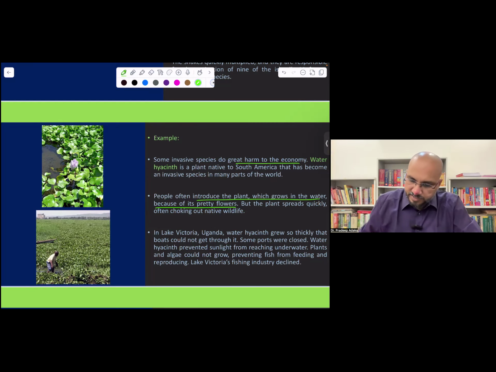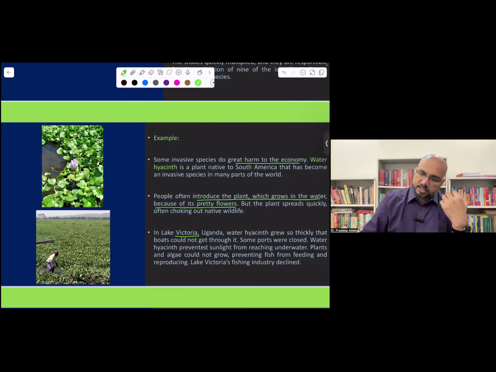So an example here is Lake Victoria. Uganda, Kenya and Tanzania are the bordering countries of Lake Victoria. Okay, and in this Lake Victoria, water hyacinth was introduced.